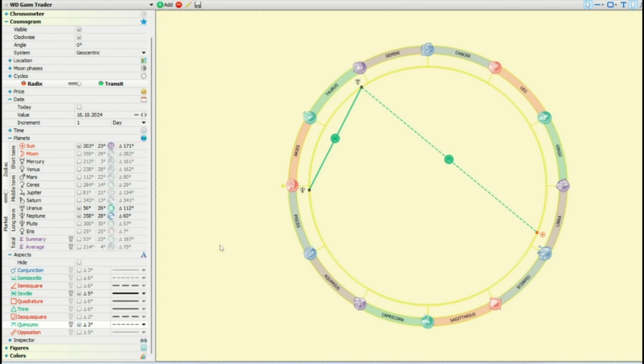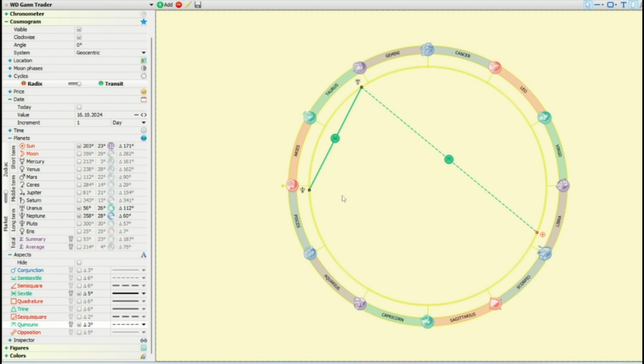So what is orb? Orb means margin of error or deviation, or the allowable range within which two planets can form the aspects. If we take an example, here you can see the sextile aspect between Uranus and Neptune planets. Sextile is formed when two planets are 60 degrees far from each other.